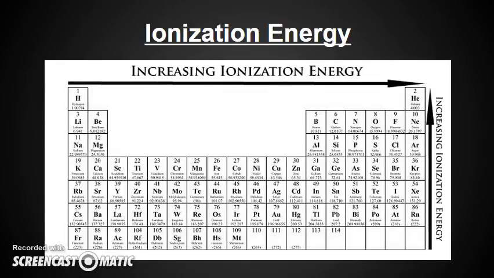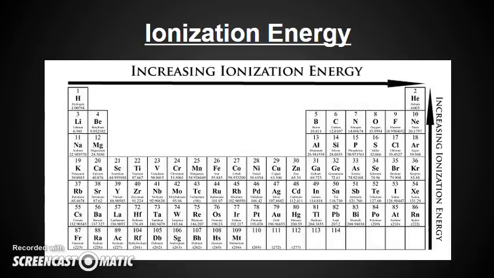Next up we have ionization energy, and you'll notice that this is going in the opposite direction as atomic radius. Ionization energy is how much energy you need to remove the first electron and then the subsequent electrons off the exterior of the atom.